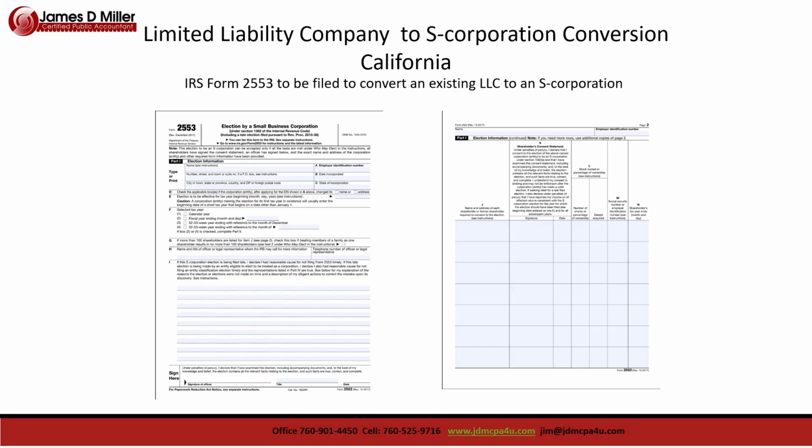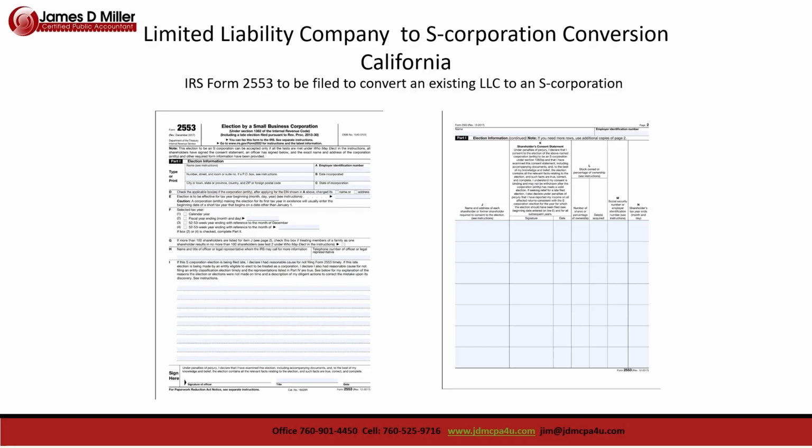Once you understand all of that, this is the form that we file in order to get the IRS to accept your entity as an S corporation. You'll see here that you've got a big open space in section I. That's where we use the language that gets the IRS to accept the late-filed election if you file it after March 15.